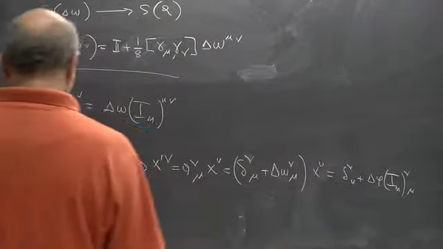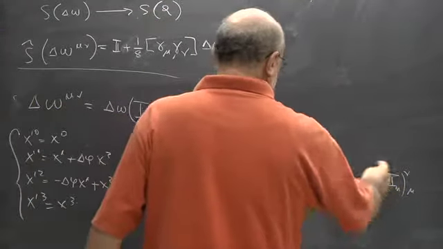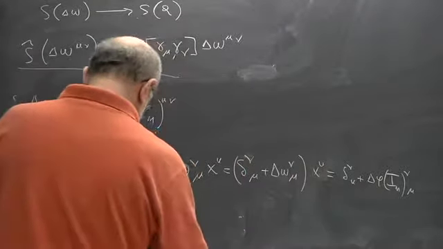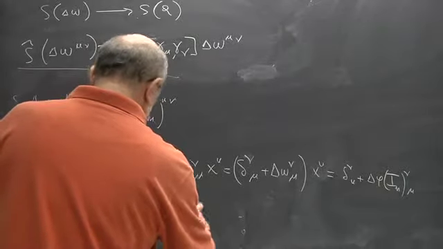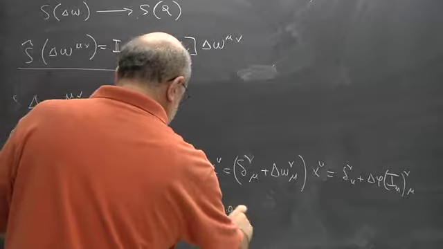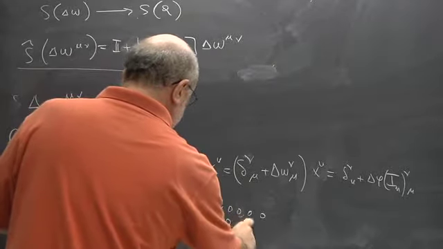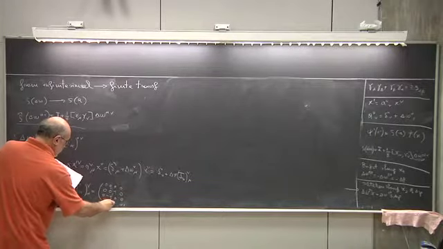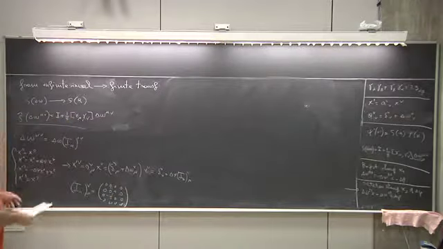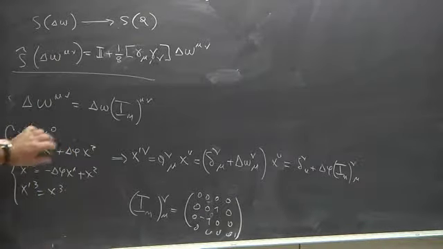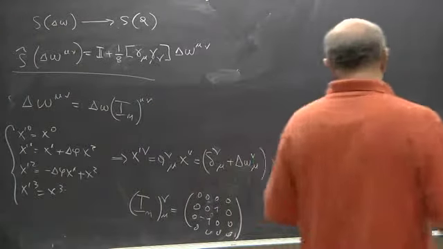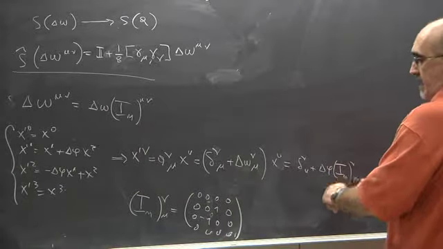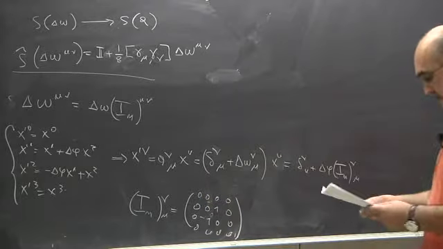This is a 4x4 matrix, and it is all ones on the diagonal. Then there is this extra piece, so it's easy. Comparing this with this form, it's easy to find that I N mu nu for the rotation is 0,0,0,0; 0,0,1,0; 0,-1,0,0; 0,0,0,0. Okay? So I compare this with the abstract form, and comparing this with this, you get the form of this matrix, and the form of this matrix is this.